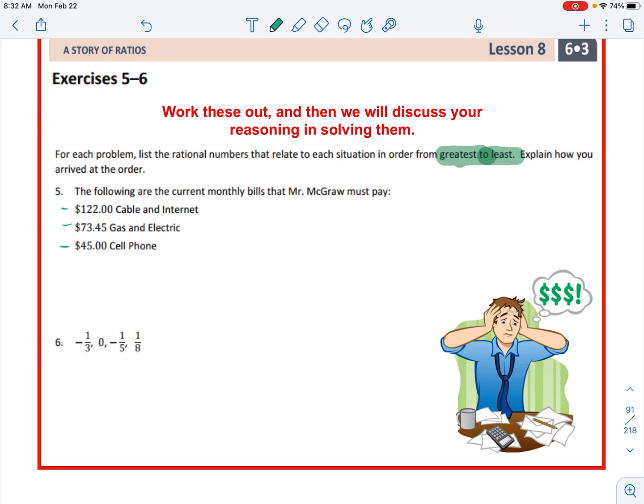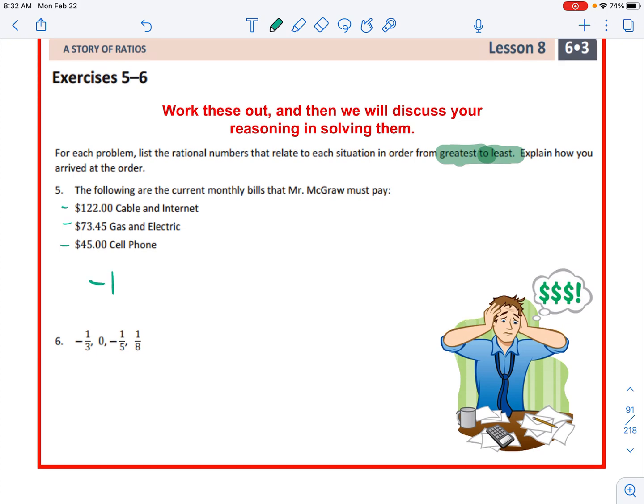Now, the smallest negative is going to be negative $122. Then we have negative $73.45. And then finally we have negative $45 for the cell phone. Okay, so actually that was from least to greatest. What we need to do is write these from greatest to least. So I just need to flip it.